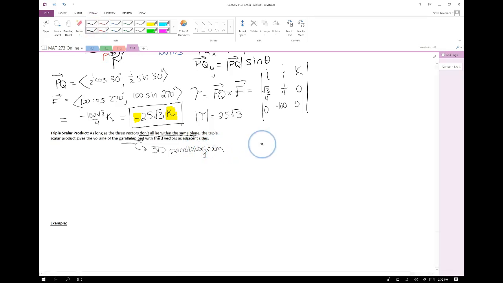I'm going to make a horrible attempt at drawing this, which usually fails miserably, but I'm going to try. So if we have three vectors in different planes, and we imagine those as the three non-parallel sides, and we try to make parallelograms between them, three-dimensional parallelograms.